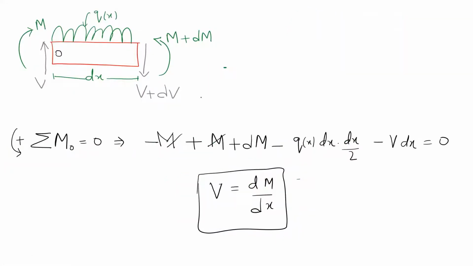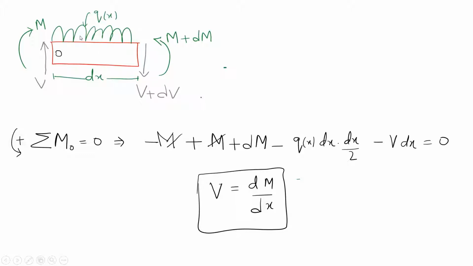Now we will take moments about this point O. The summation of the moments from the equilibrium equations should equal 0 about point O. This is the moment M, and this is M plus dM. Anti-clockwise is taken as positive, so the clockwise moment is minus M, then plus M plus dM.